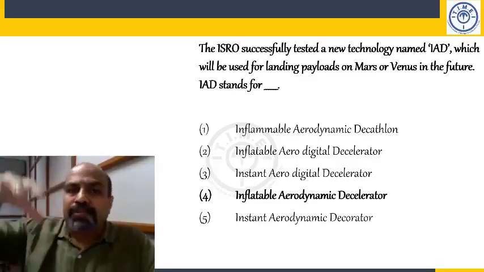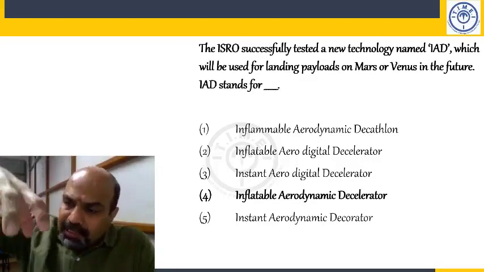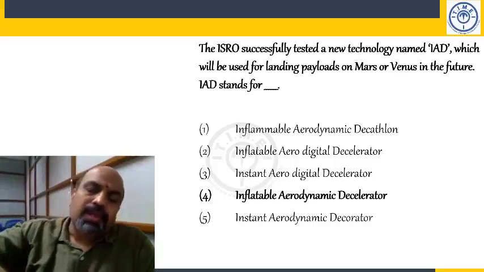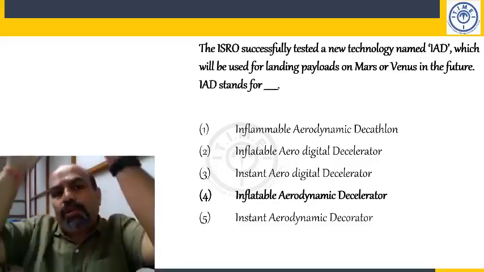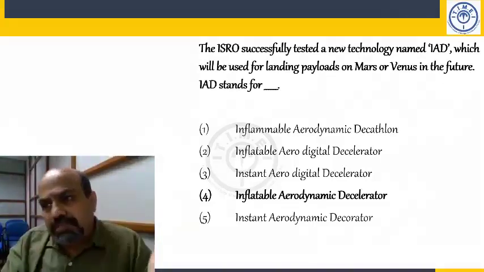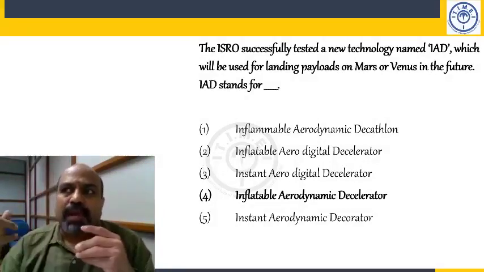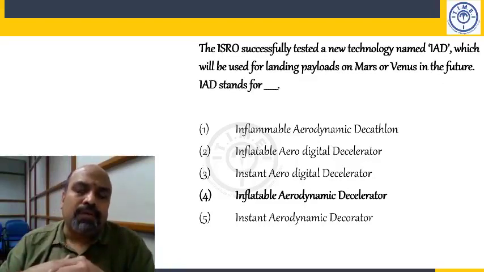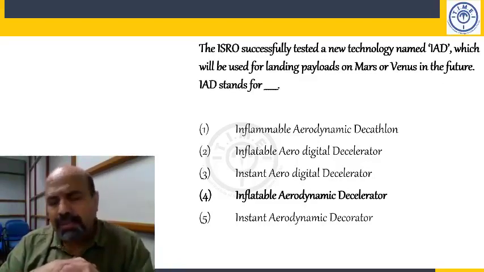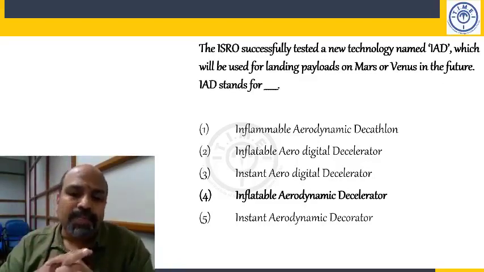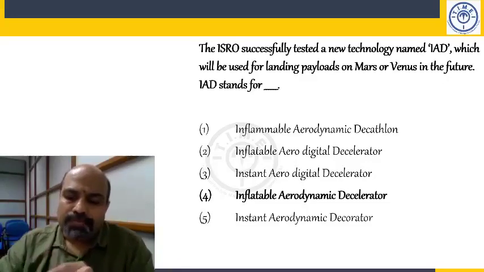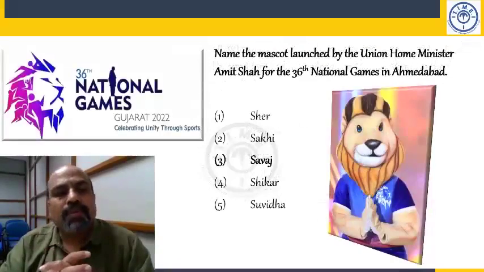What it would do is slow down the descent of the payload, so the payload won't fall all of a sudden and sometimes break on impact. That's what happened to the Vikram lander on the moon. So learning from our mistakes.